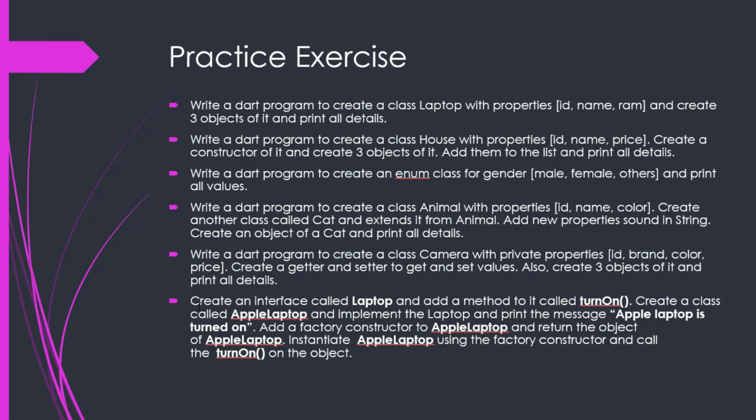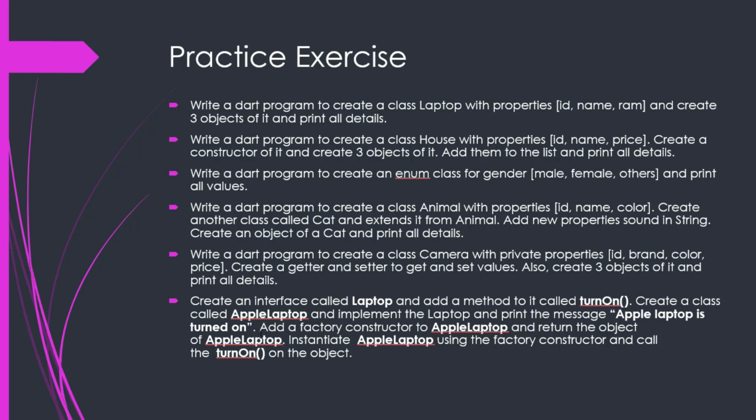So first of all you need to create interface with the keyword abstract class laptop and then you need to add turn on method into it. Then you will create Apple Laptop class and implement with laptop and here inside you need to override method turn on and print message Apple Laptop is turned on inside Apple Laptop class.